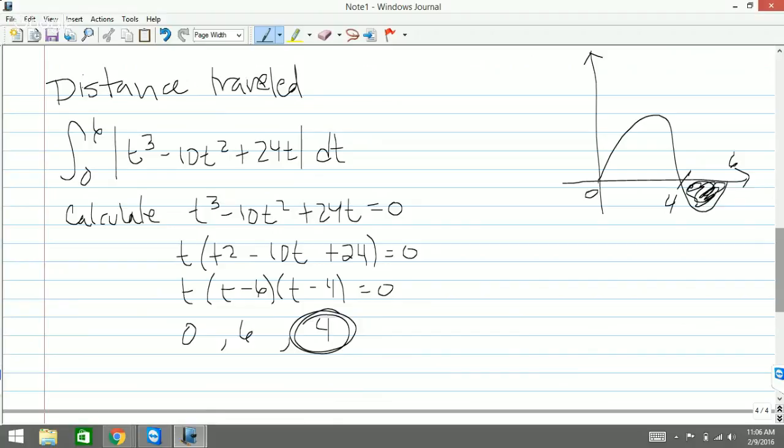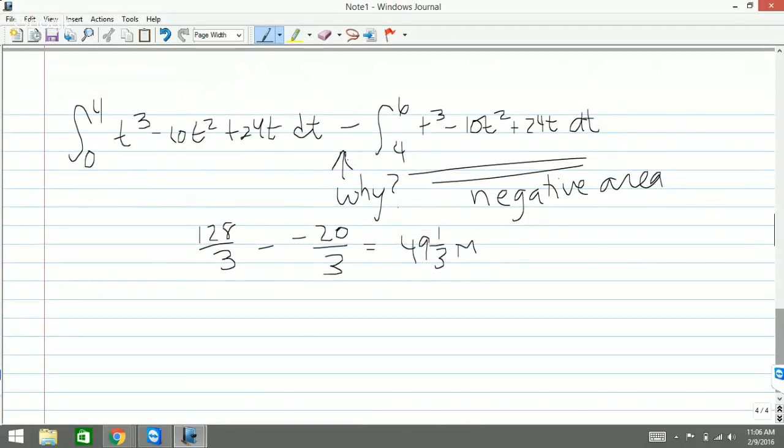Okay. 49 and 1/3. So you can graph it and calculate that 0 if you want. I did not know 4 was the 0. Cheater looked in the book. I just wrote the problem down and I'm not even looking now.